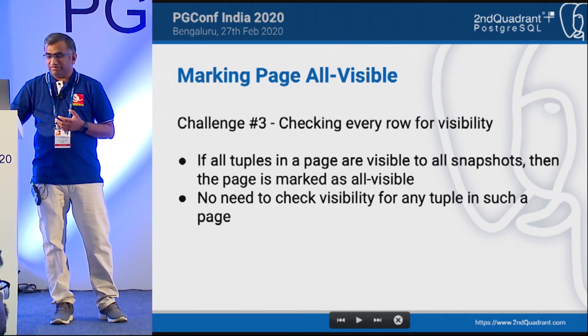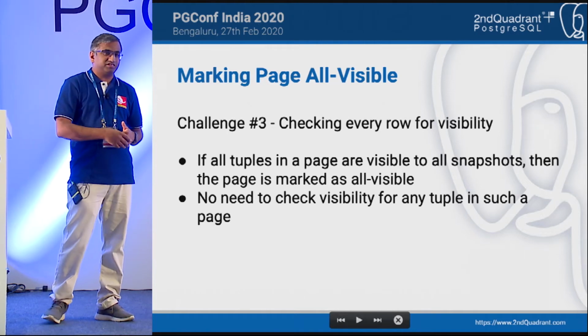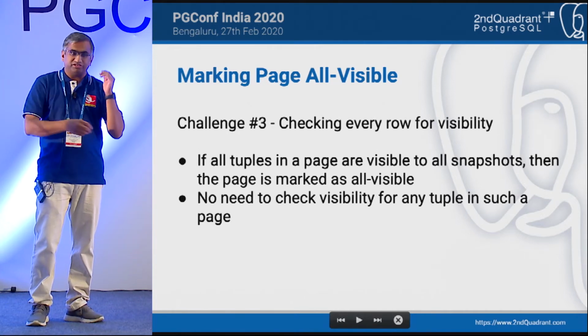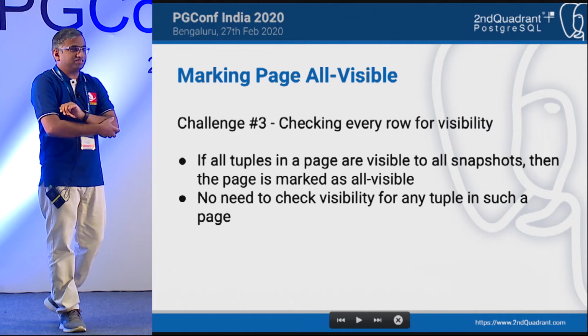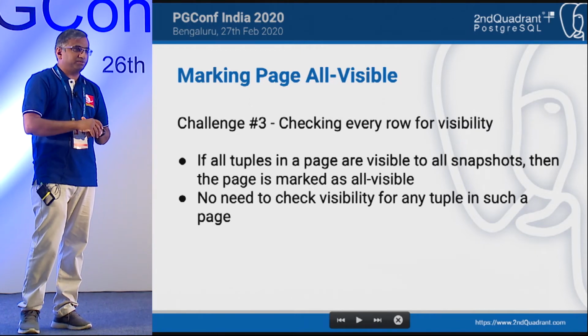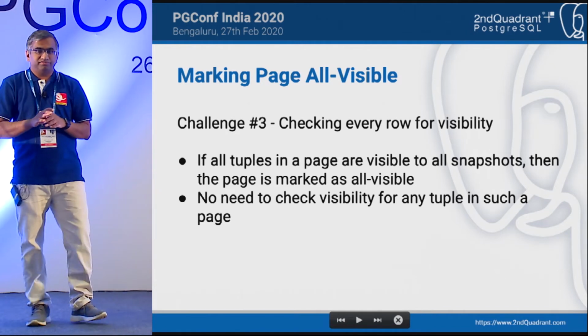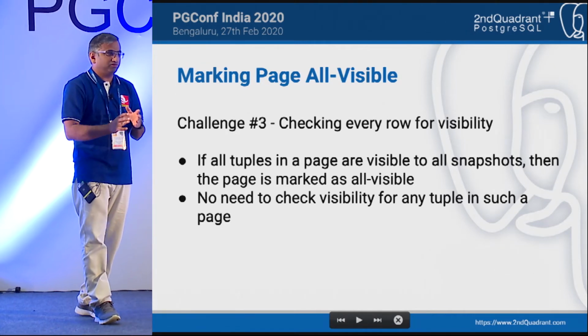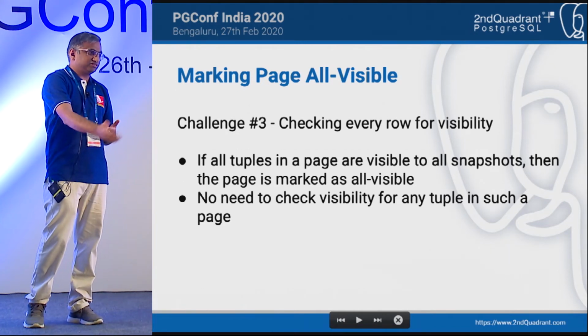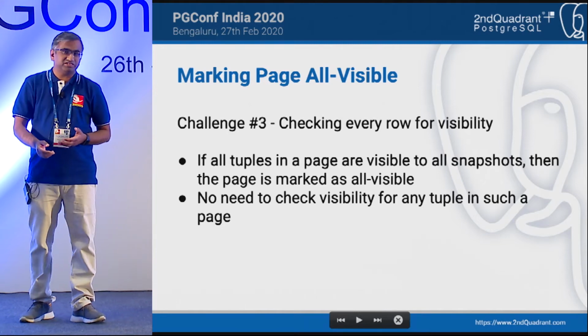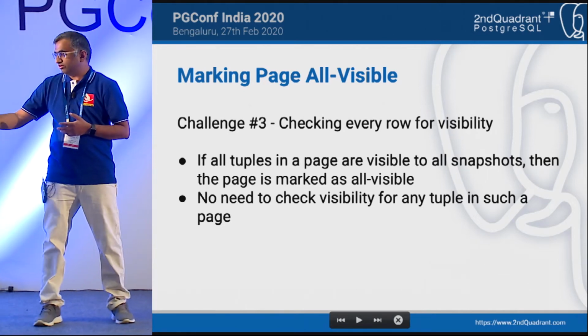Instead, I think a few releases back, maybe 5 years back, we started marking pages with a special bit called all visible. So if a page is marked as all visible, the system knows that you don't need to do any further checks for any row in this page, and everything there is visible to everyone.